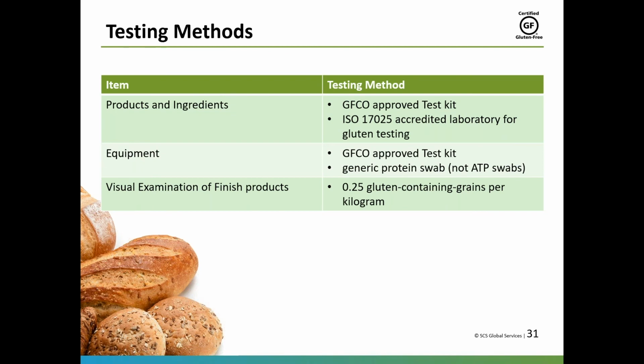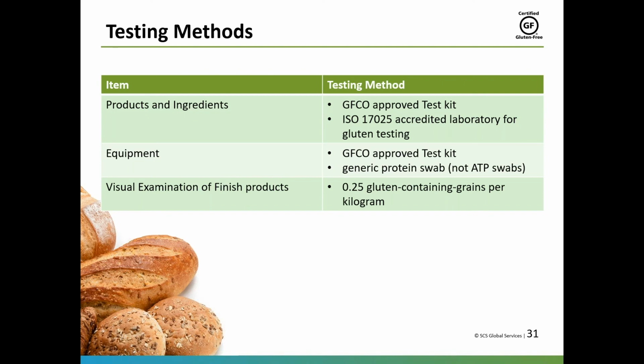Now here's a general breakdown of the different testing methodologies or methods for your products and ingredients, and equipment. For products and ingredients, you can use a GFCO approved test kit and perform the tests in-house on your own, and then provide those test results to us.